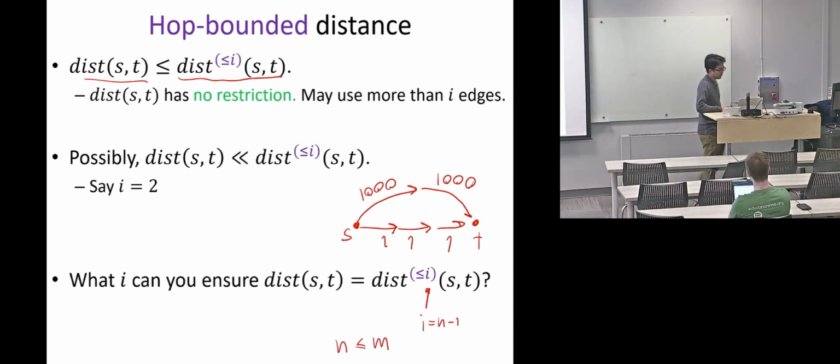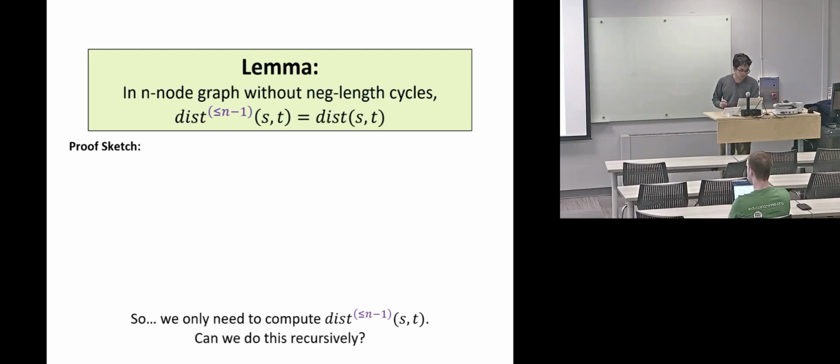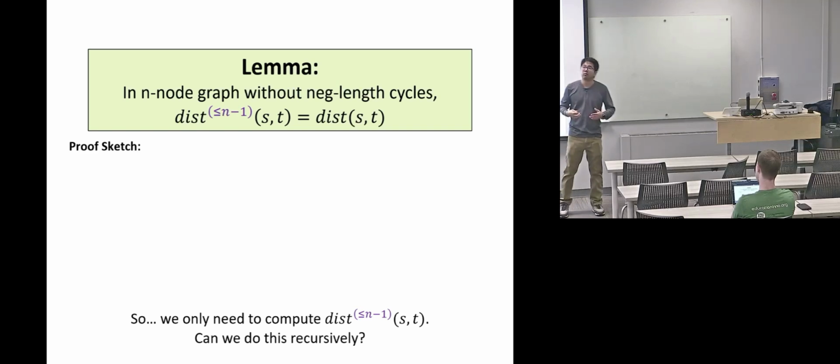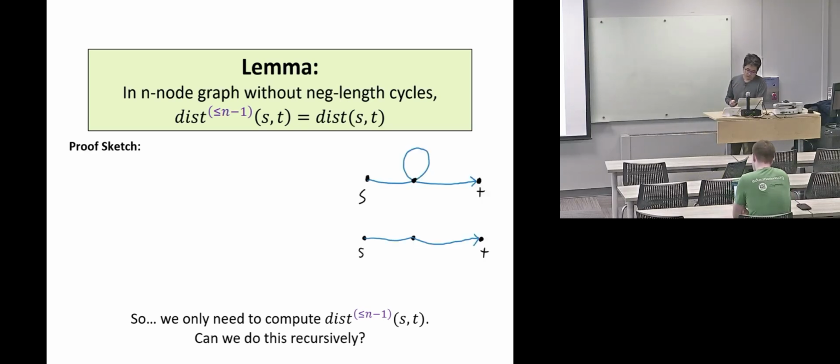Let's see why. This is a simple lemma saying that if there is no negative length cycle, then the at most n-1 hop distance is just the real distance. The reason is in this picture.